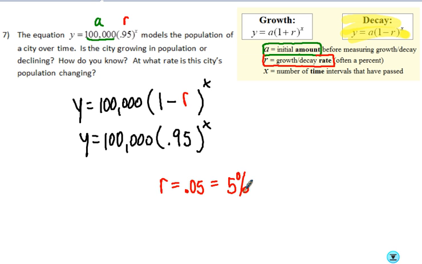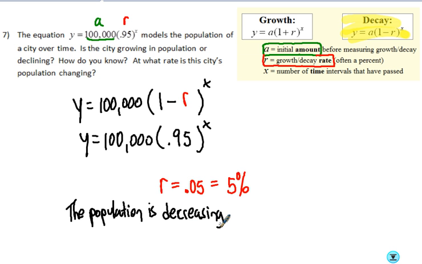So let's put all this together. The population is decreasing by 5%, because, in this case, it was decay, right?